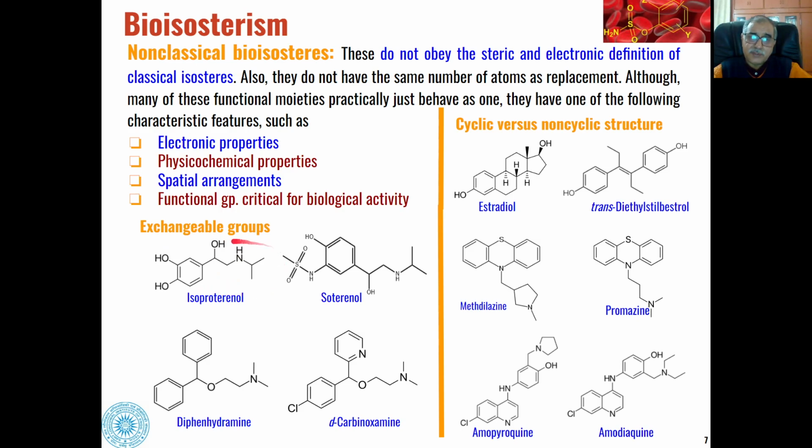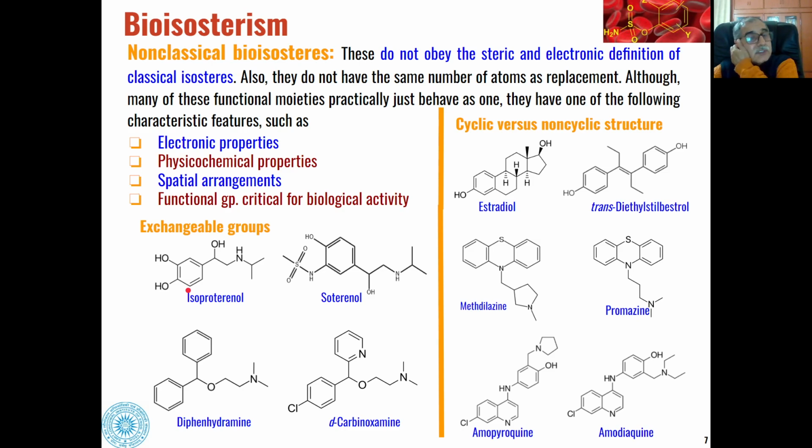If you see the structure of this compound and this compound, they are similar to each other, and here one of the hydroxyl groups has been replaced by the sulfonamide. A methanesulfonamide group is present here in the case of sotalol, whereas isoproterenol has the hydroxyl group.